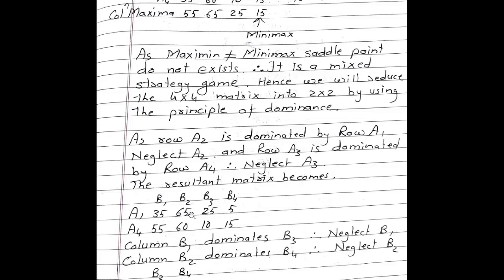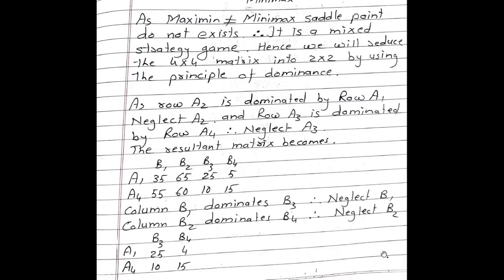Now compare B2 and B4: 65 is greater than 5, 60 is greater than 15. So column B2 dominates column B4. Therefore, neglect B2. So the resultant matrix becomes A1, A4, B3, B4. So it is a 2x2 matrix.